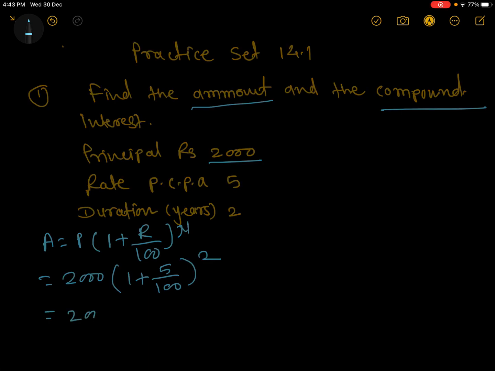It is equal to 2000 into bracket. Now we solve this bracket first. Denominator is 100. Then we add 1 plus 5 upon 100. That means we are taking cross multiplication, 100 plus 5 upon 100 raised to 2.